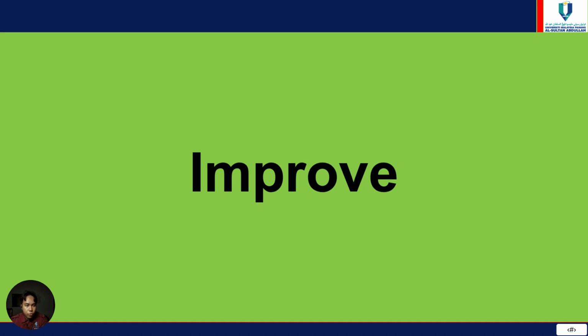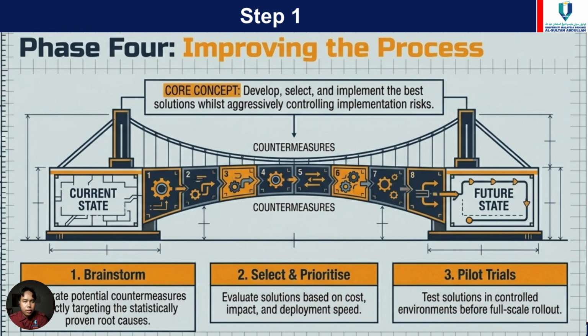Okay, now we move to improve, which is the second last phase. This phase comes after we are able to identify the problem, so now we can start to improve. This is the phase where we develop, select, and implement the best solution whilst aggressively controlling implementation risk.